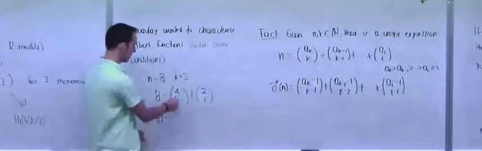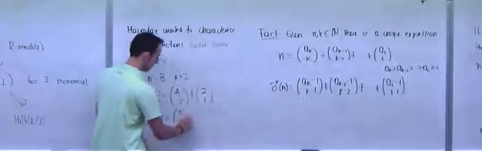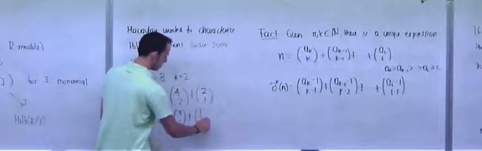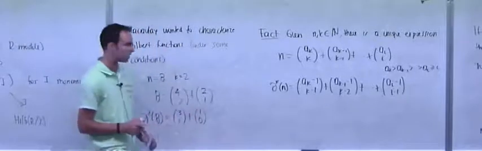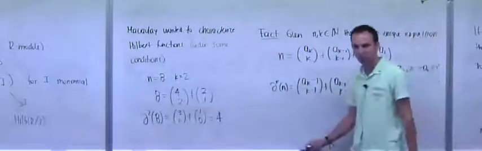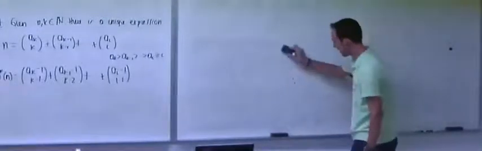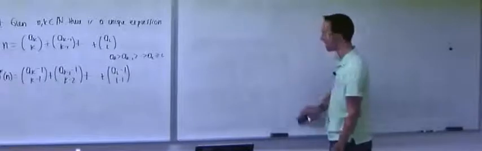So delta 2 of 8 is 3 choose 1 plus 1 choose 0. You just subtract 1 from every number that you see there, so you get 4. It's a rule. Given n and k, it produces a number delta k of n for you.